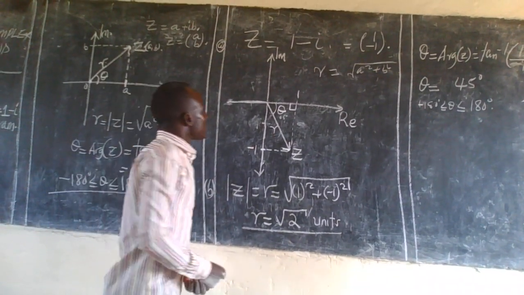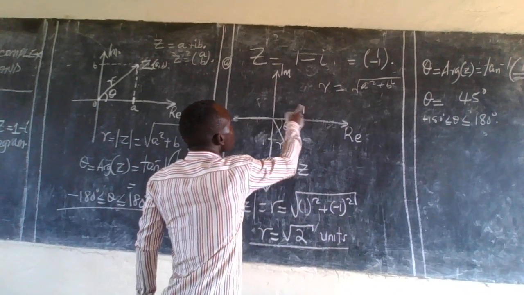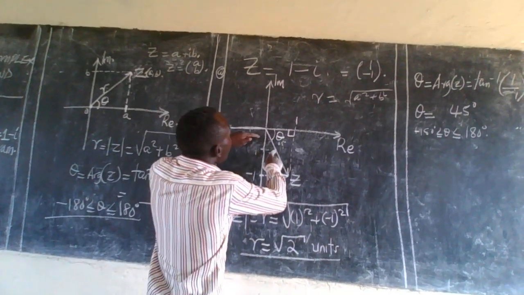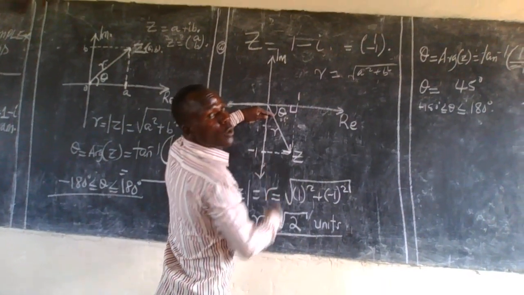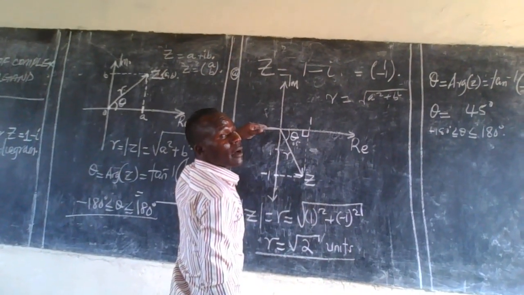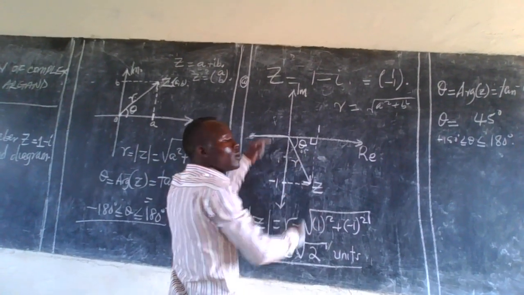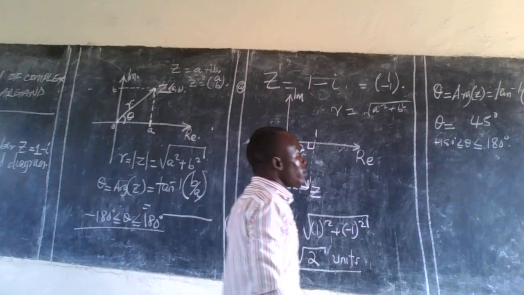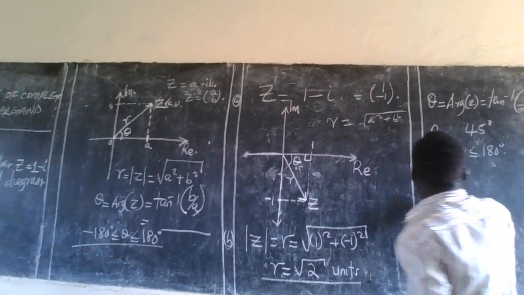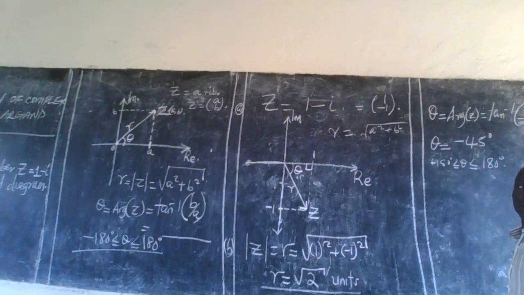So realize that I have to read from the negative direction, because if I read from here up to here, it is beyond 180. So the positive direction does not apply. Let us try in the negative direction. This is just negative 45. Therefore, my theta, instead of 45 degrees, I change it to negative 45 degrees.